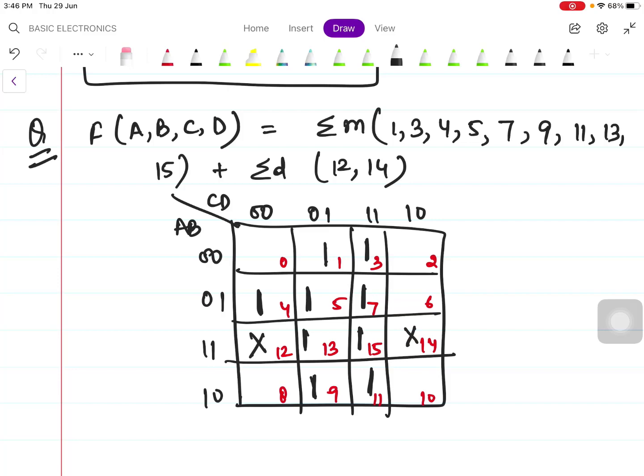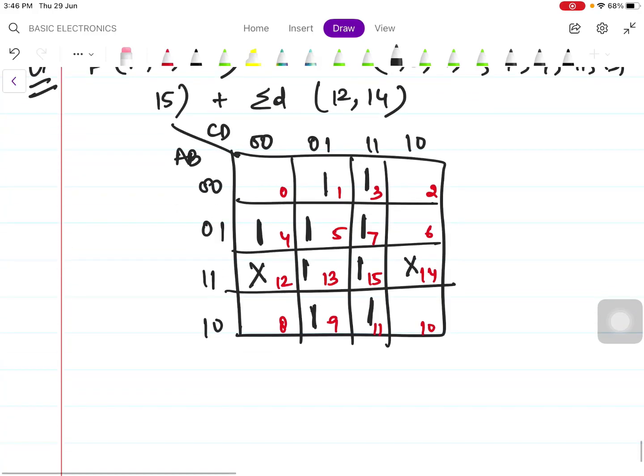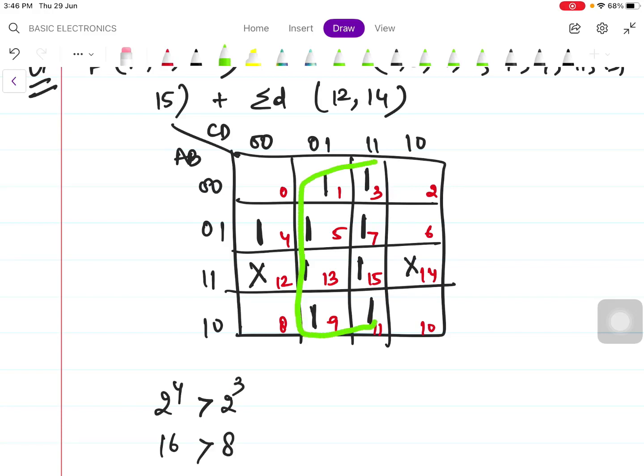Now listen carefully to what we have to do. First of all we follow the same rule: are we finding any group of 16? No. Any group of 8? Yes. I hope everybody can easily see a group of 8.